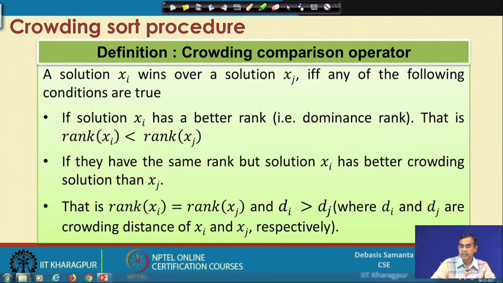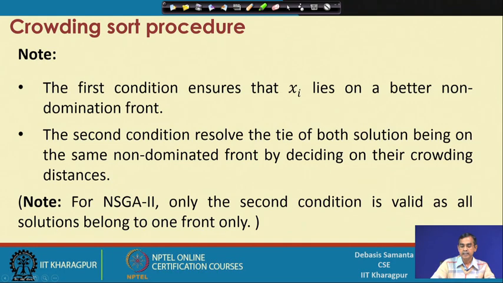Now, let us see how this concept applies in our case. We are to consider all the solutions belonging to a particular front, that is the last front. Therefore, rank is not required and the first condition need not be checked, because all the solutions belonging to this front have the same rank.